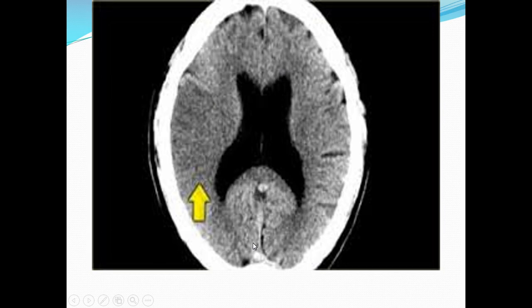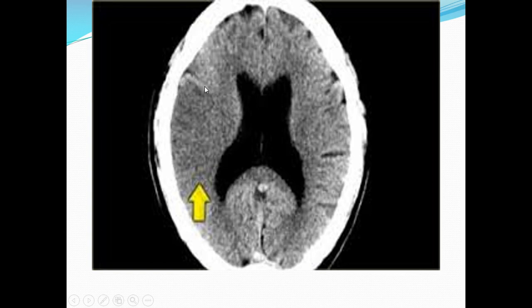In this case, I have put a yellow arrow, and it means that there is some pathology here. So there is an ill-defined hypodense area in the right periventricular location, and it is an ischemic infarction in the region of the right middle cerebral artery. You can see the dense MCA sign here also.